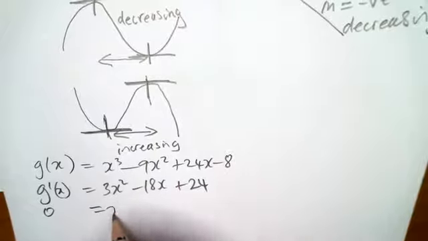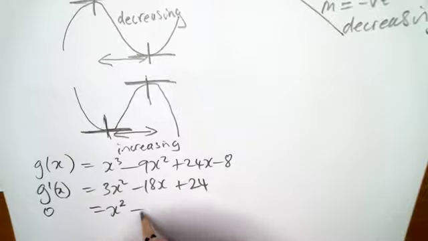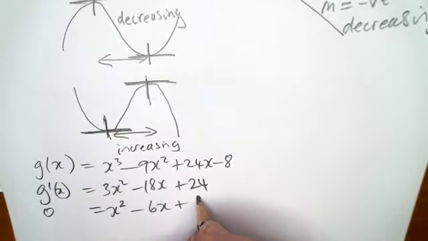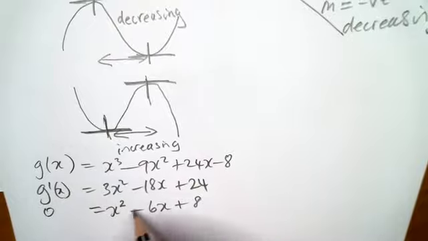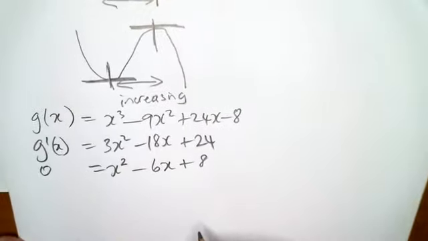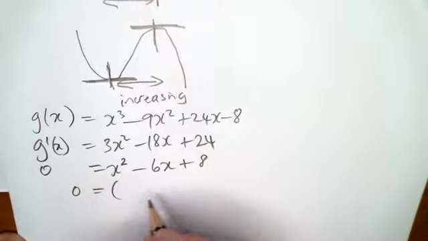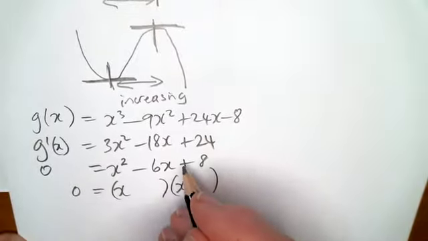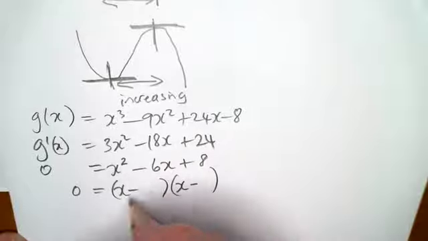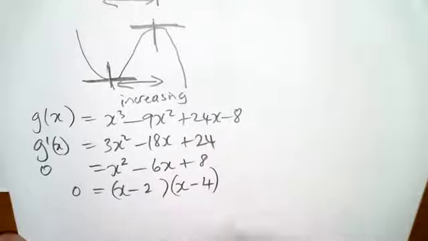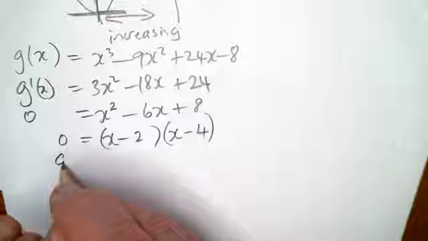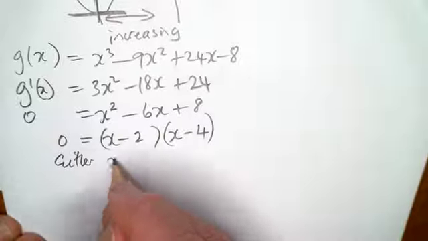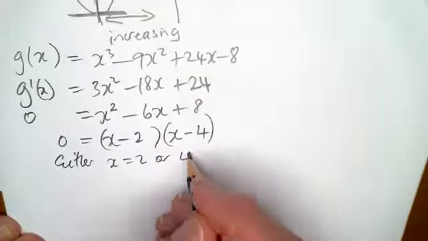This is going to be x squared minus 6x plus 8. I've just divided everything by 3. But I can factorize this now. 0 is equal to, I'm going to have an x and an x. Signs are the same, both negative, and a 2 and a 4 will work. So either x is 2 or 4.